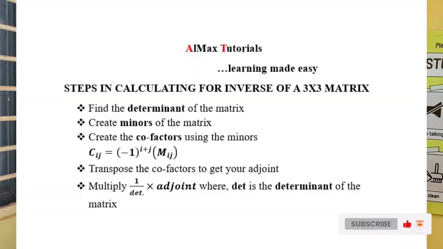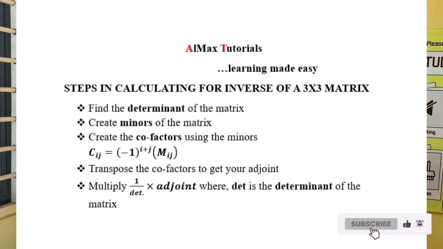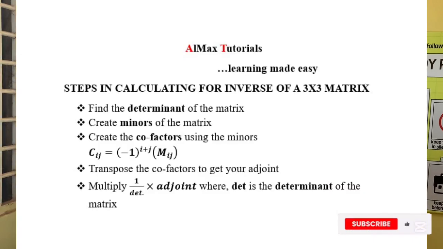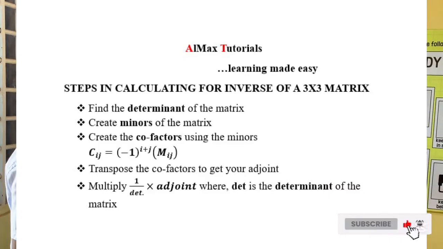Now these are the steps that you are to go through before you can find the inverse of this particular matrix. You first have to find the determinant of matrix A. After that, you create the minors of the matrix, then you create the cofactors. That's you find the cofactors of the minors that you created. Then you transpose the cofactors to find the adjoint or the adjugate of the matrix.